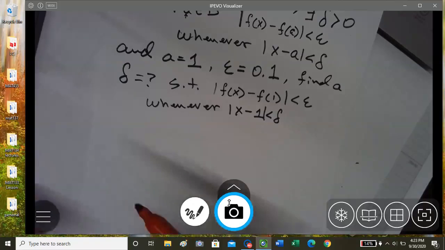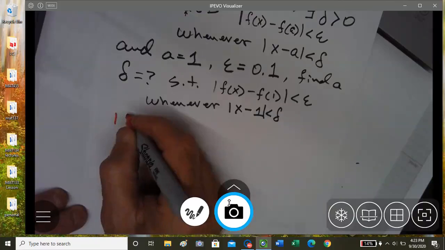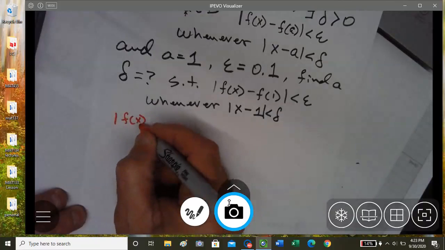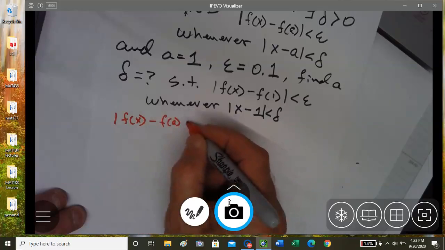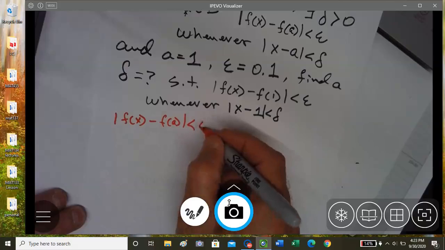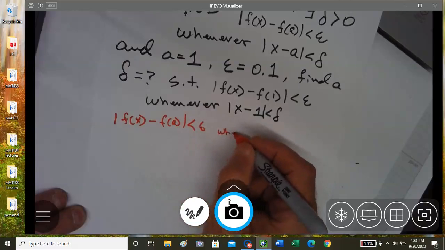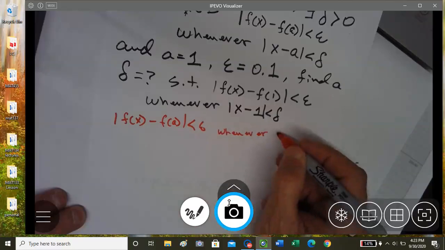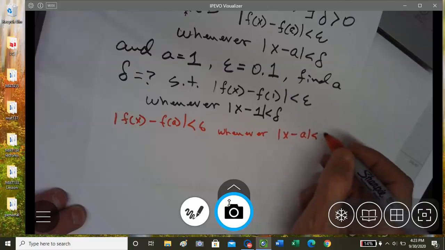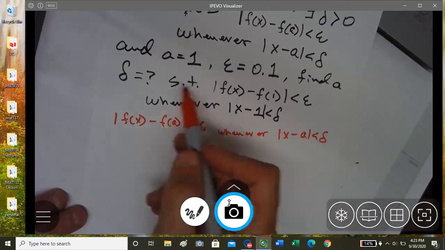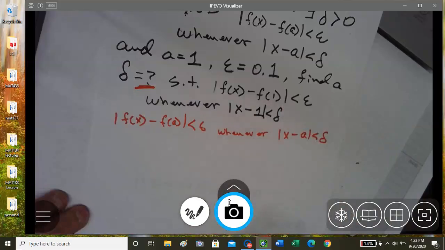We start off with absolute value of f of x minus f of a less than epsilon whenever the absolute value of x minus a is less than some number delta. So we're trying to find this delta here. That's what we're trying to get to.